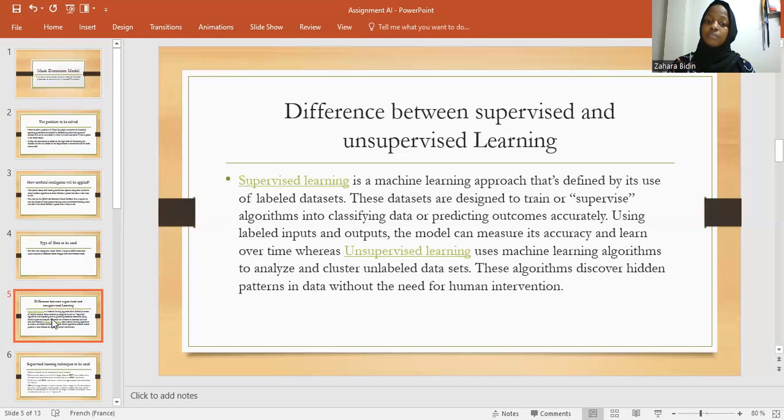And unsupervised learning uses machine learning algorithms to analyze and cluster unlabeled datasets, and therefore it does not need any human intervention. Let me give an example.